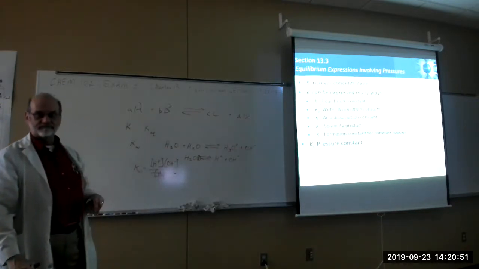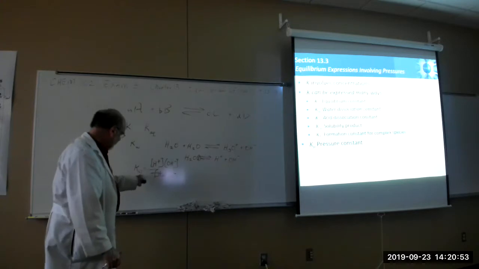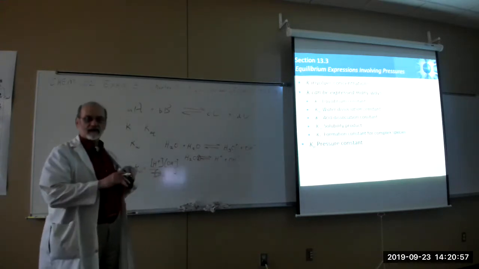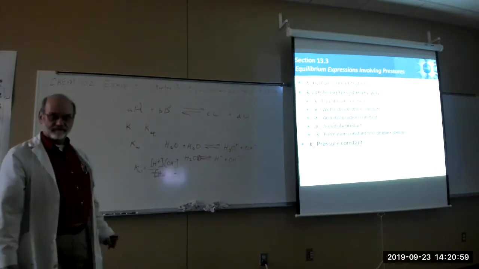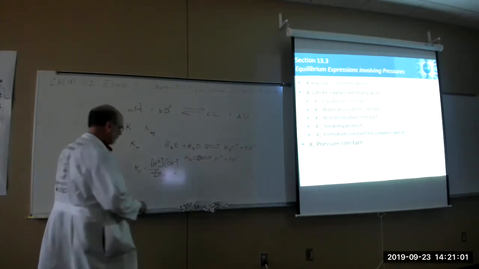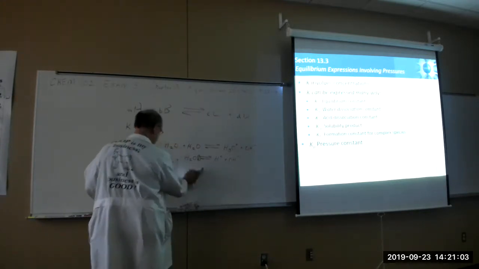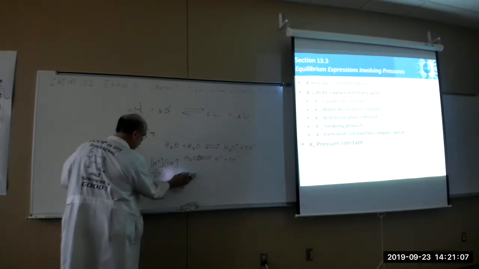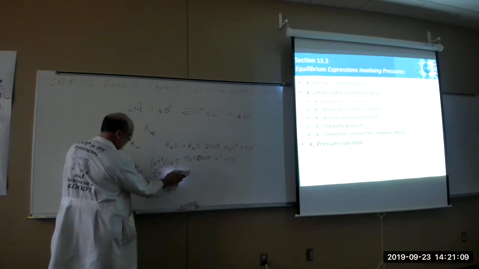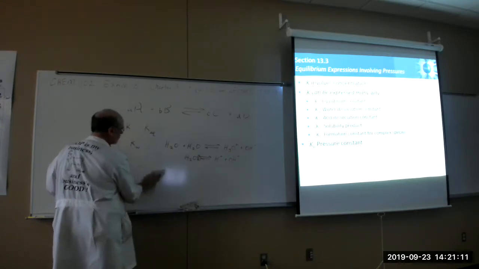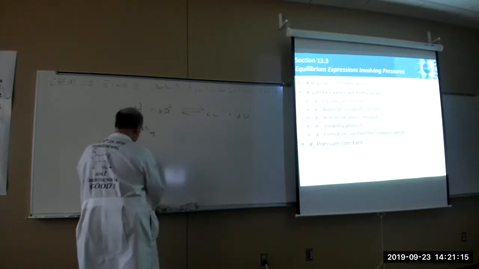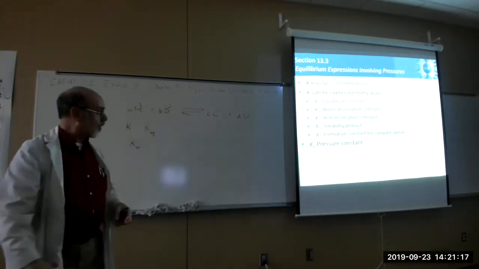It would just be KW equals hydrogen ions times hydroxyl ions. Concentrations, that's it. But that's only for pure substances. Right. Solids and pure substances like the liquids. So that's a special expression for the dissociation constant for water.